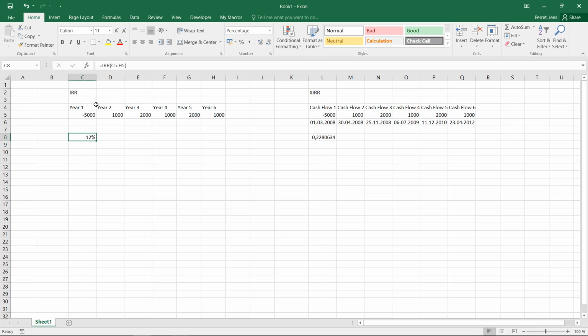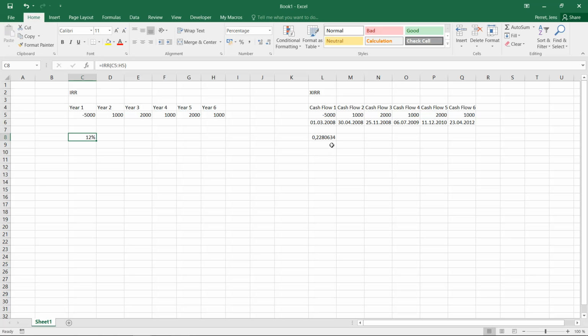Here we assume the investment, and only after 1 year each of the cash flows takes place. Here, after 2 months the first cash flow already happens, and then in the same year there's another cash flow. So this is much closer to the original investment, leading to a higher rate of return.